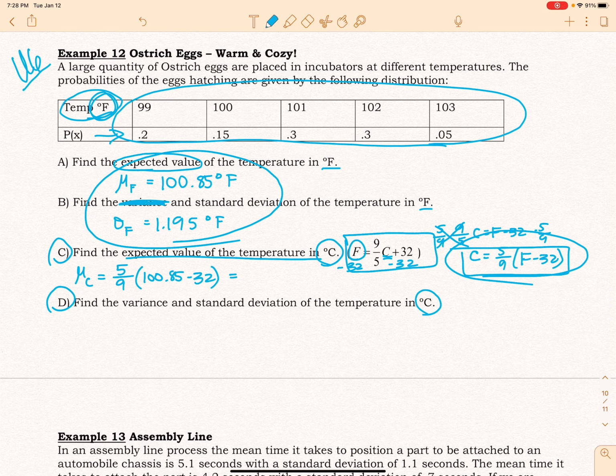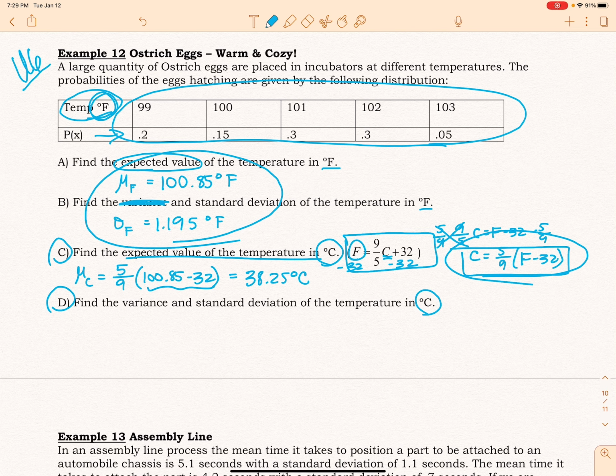Okay, I know that for all of you math scholars out there, I don't need to remind you of this, but please follow PEMDAS. You must subtract these two values before you multiply by 5/9. I'm just throwing that out there. Anyway, so the answer you get here is 38.25 degrees Celsius. So that's going to be our average temperature in Celsius.